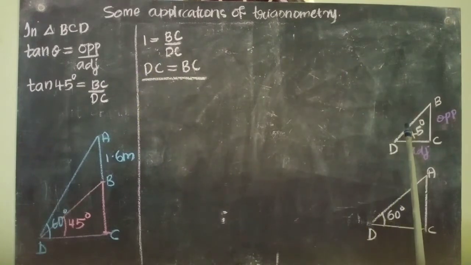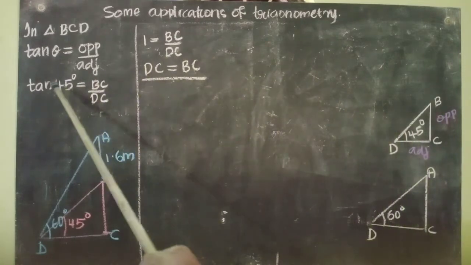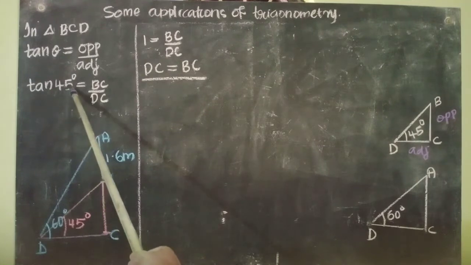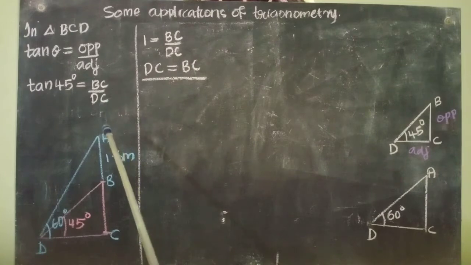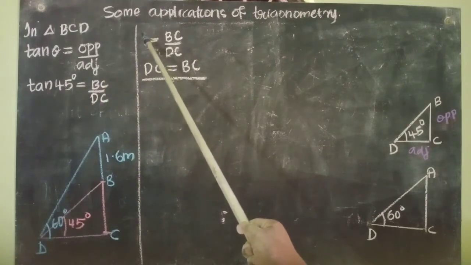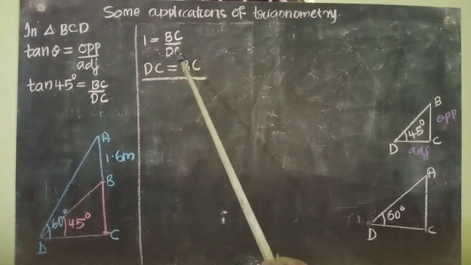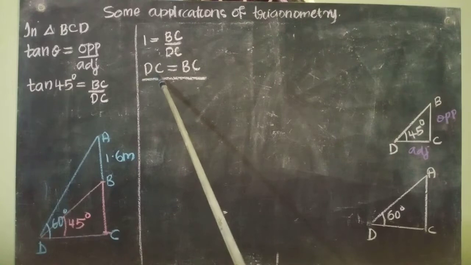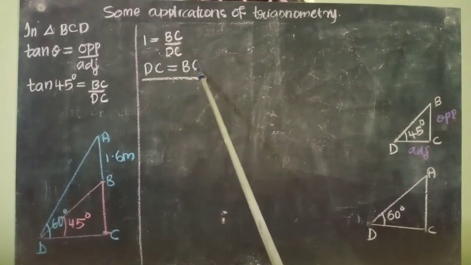Here theta equal to 45 degree. Opposite side is BC. Adjacent side is DC. So we can write tan 45 degree equal to BC by DC. We know tan 45 equal to 1. So we can write 1 equal to BC by DC. Cross multiplying, we get DC equal to BC.